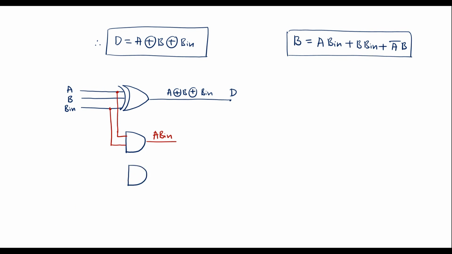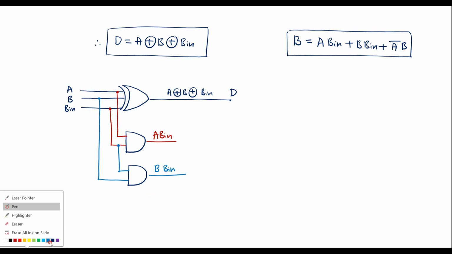Here the inputs are B and B in. B in is already available here. This is B in and here we have B. The output of this is B B in. Then we have A bar B. I need one more AND gate.